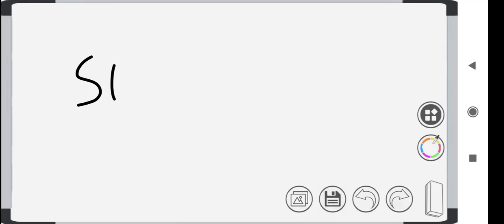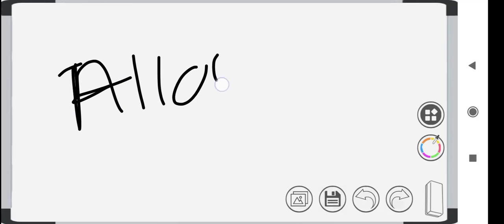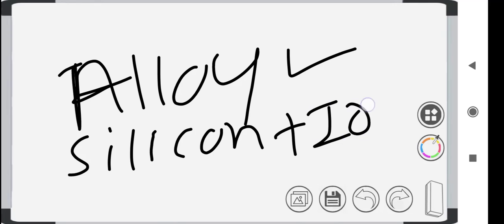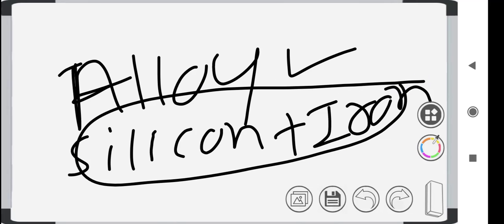The iron core is there. Alloy means more than one material combined. Here silicon plus iron, if you combine these two materials, we say that is an alloy. The transformer core is made up of silicon plus iron.